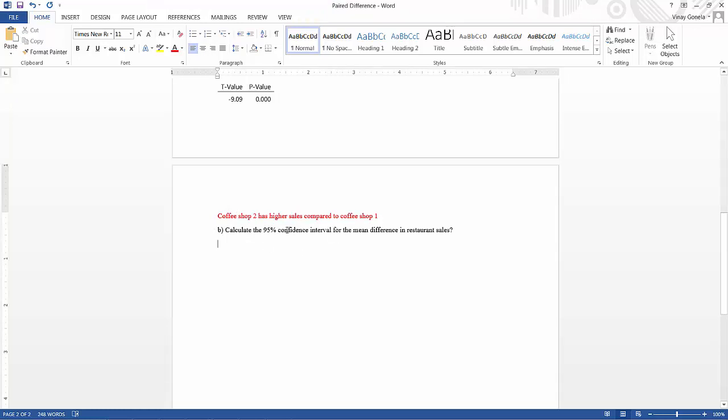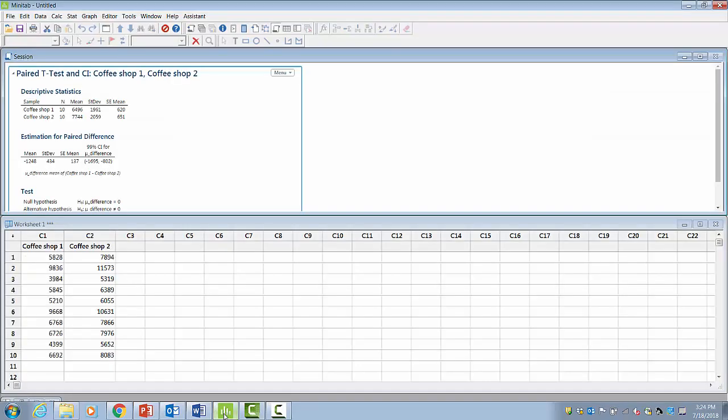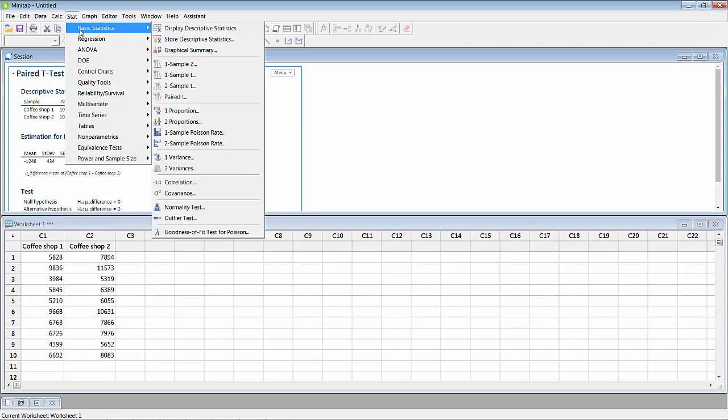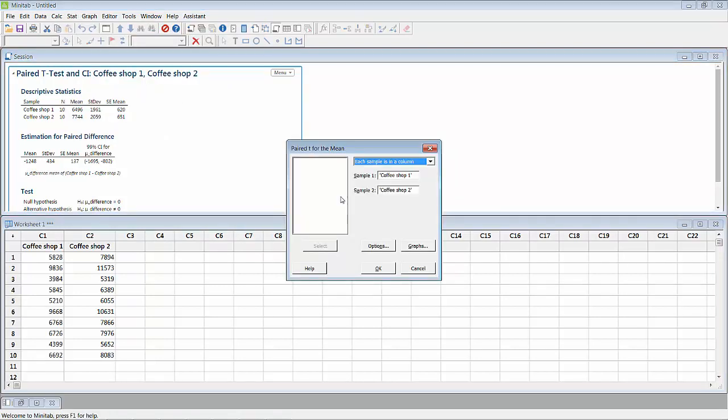Now again they are asking us to calculate a 95% confidence interval for the mean difference in restaurant sales. I can again run my Minitab with 95% confidence. So I can go to Stat, Basic Statistics, Paired t, and each sample is in a column.